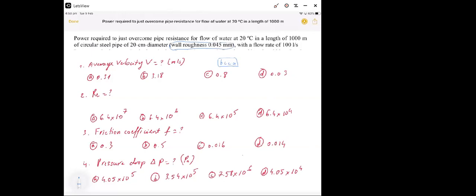From the material, you can find the roundness based on the table, but in this question, the roundness is mentioned in the question already.